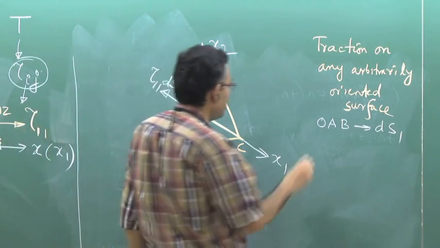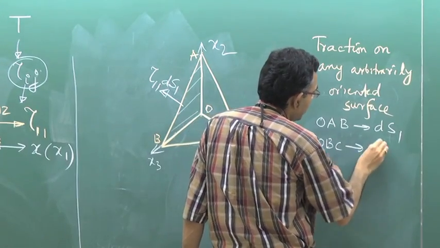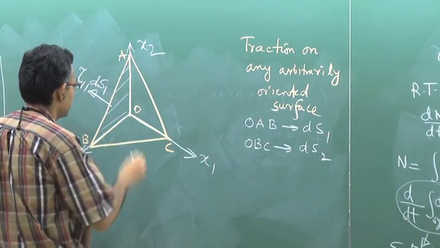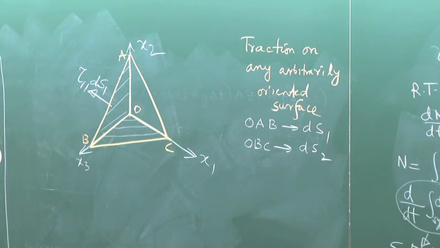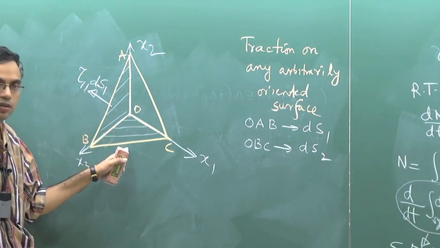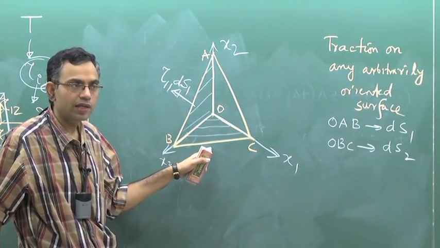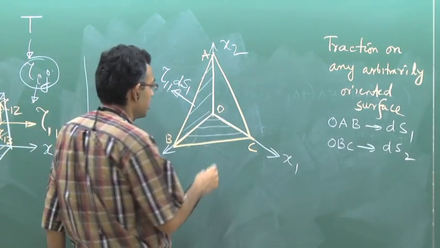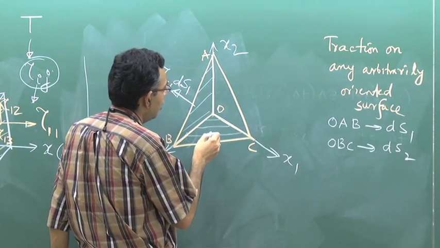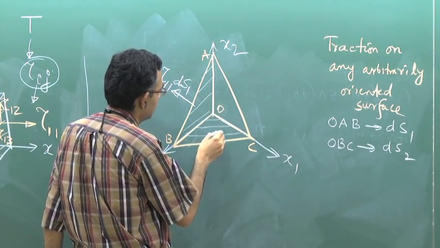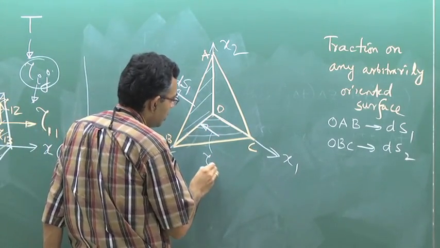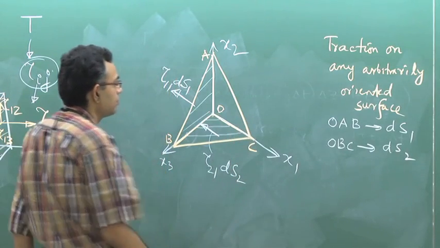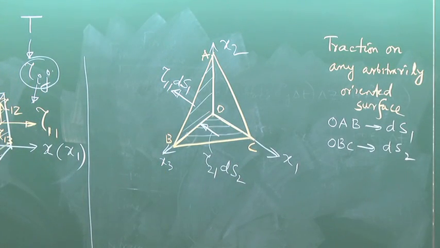Let us say that we consider OBC as ds2. This is the surface OBC. What is its outward normal? Negative of x2. So the force along x1, this is along negative x1, is tau 21 ds2, but along negative x1.